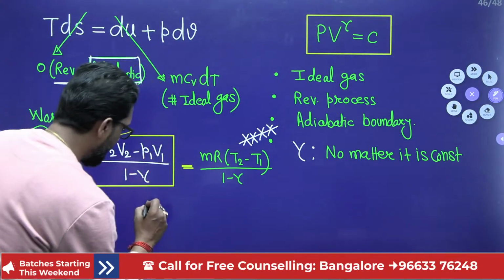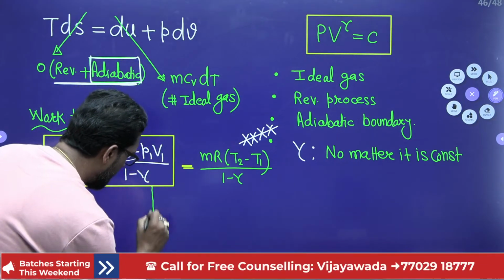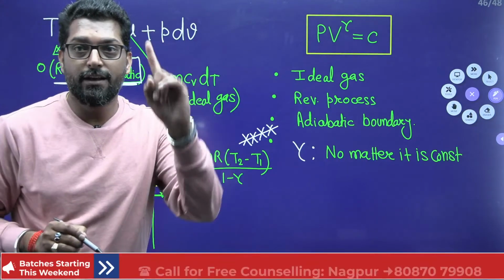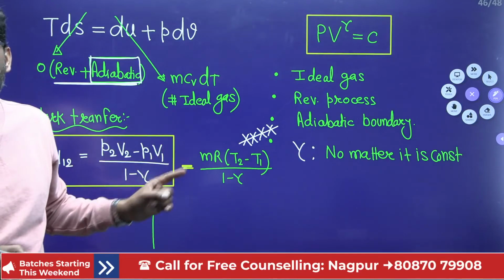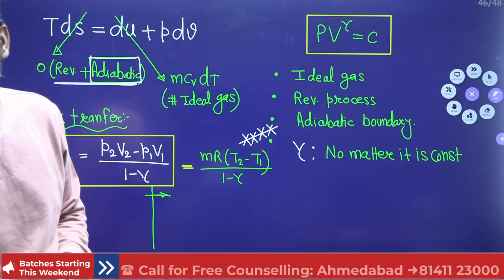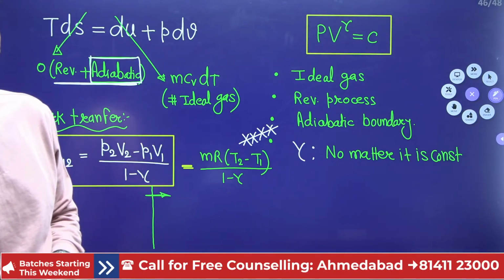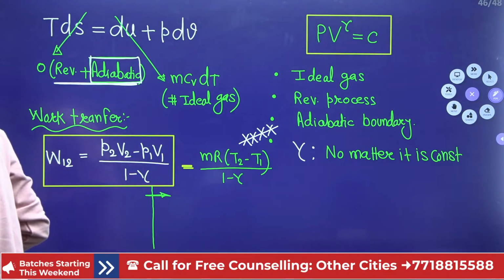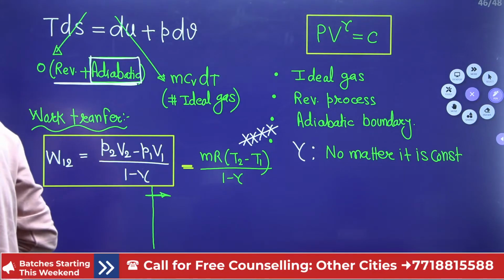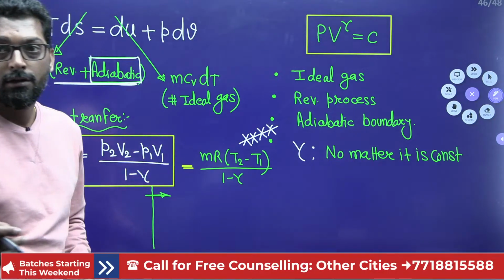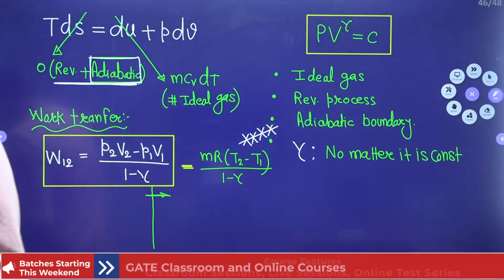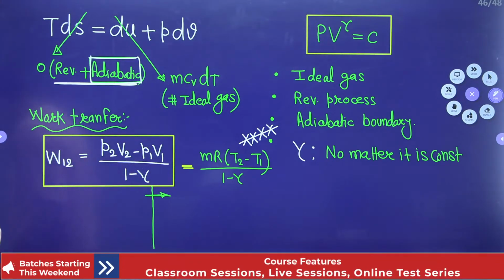This equation is applicable in which condition? Work is equal to (P2 V2 minus P1 V1) divided by (1 minus gamma). Not gamma minus 1, it is 1 minus gamma. This is very important. How can you write it? This is proved. 1 minus gamma, it is right.